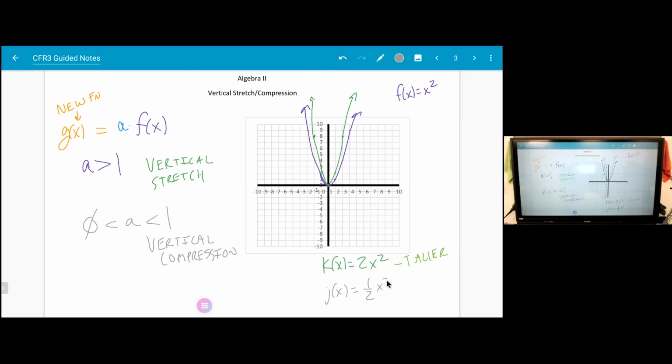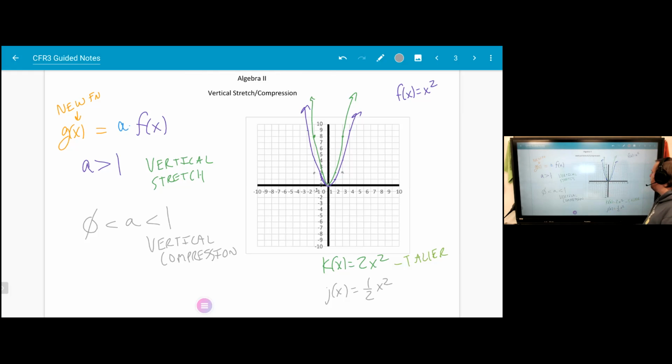Well, what would that do? 0, 0 is still going to be the same thing, because if I plug 0 in for x, 0 squared is 0, times half is 0. Okay, let's just do 2 for a second here. 2 squared is 4, and half of 4 is 2. So 2, 2. -2 would also be 2.